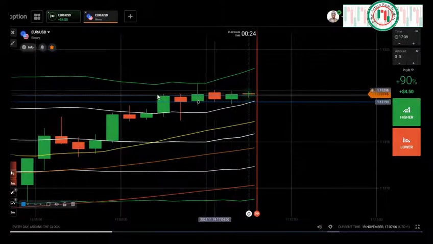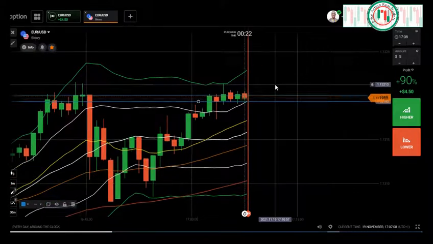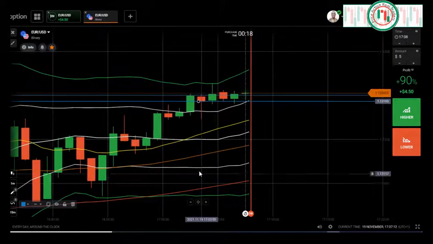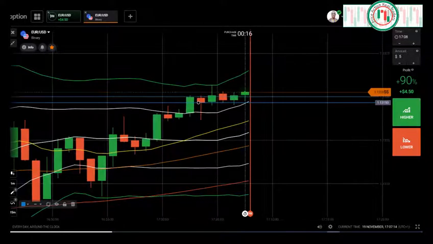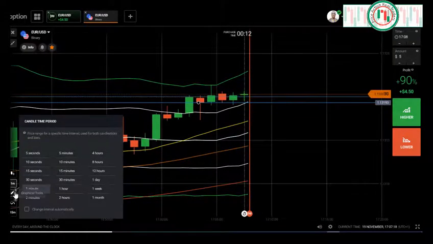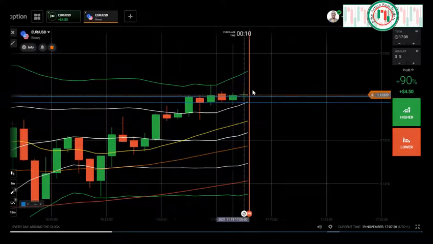So I will wait for market to break this level, then I will take my trade, because of the consolidation area.